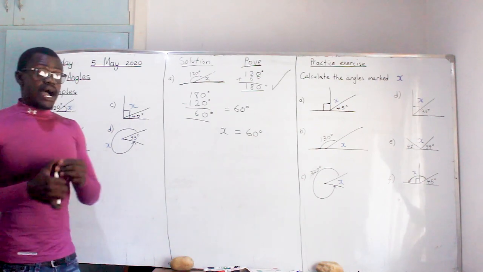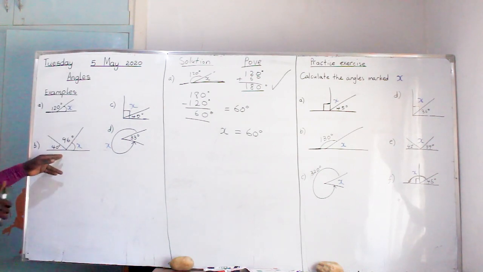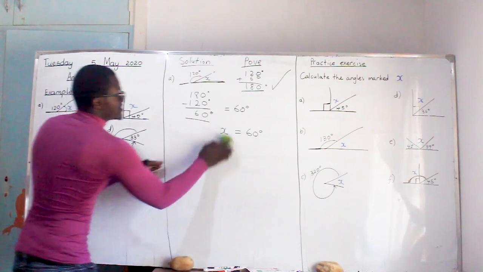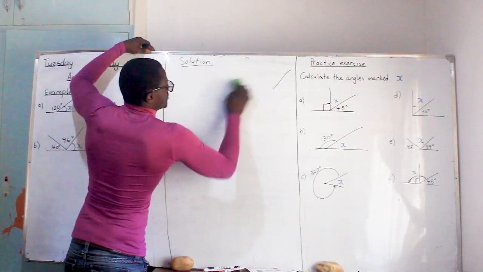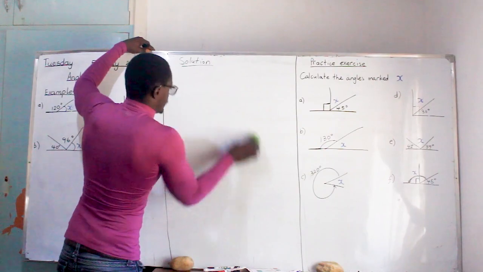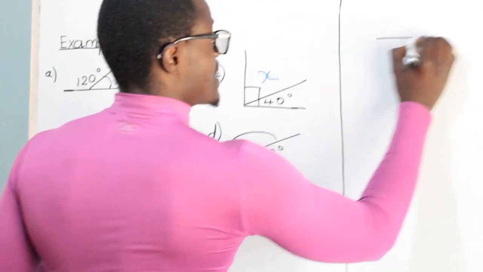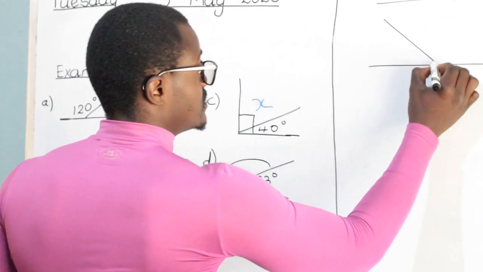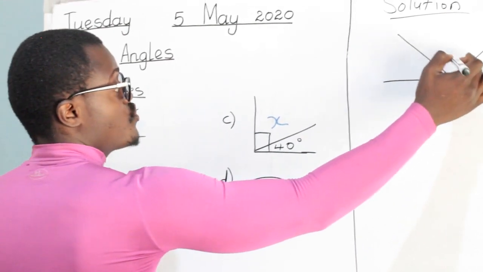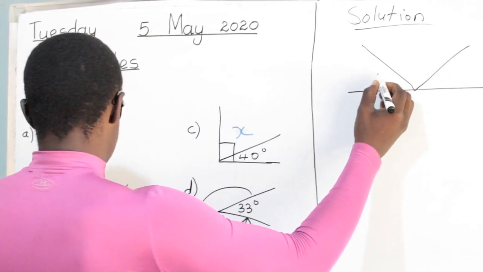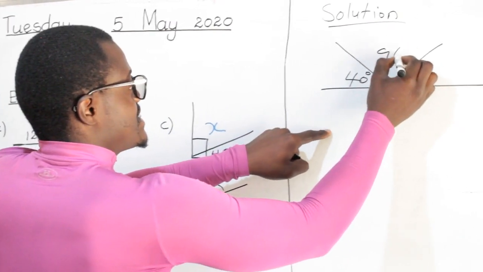Now, we are moving on to the next example, B. Let me erase here. B, the sum is like that. 180 degrees. It has been divided into 3 angles, and we've been given 40 degrees, and 96 degrees.